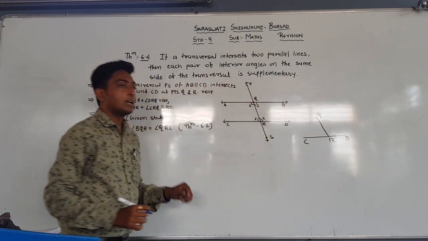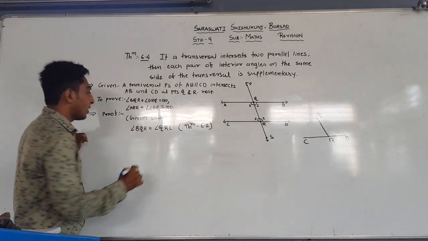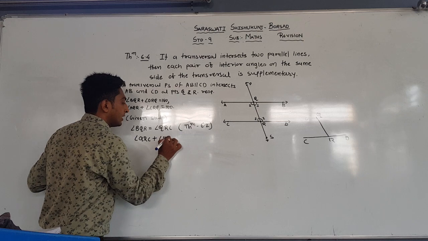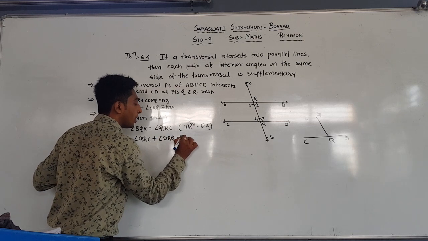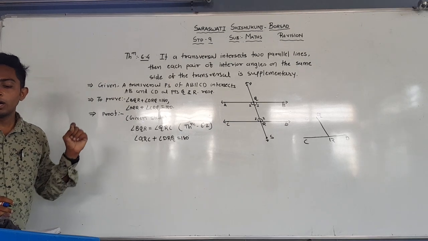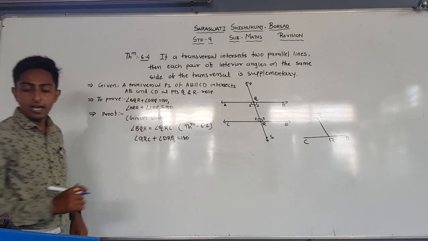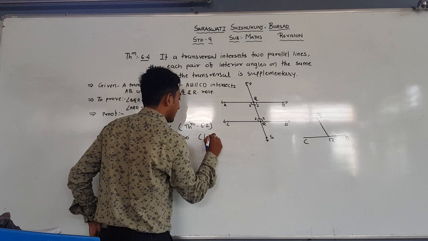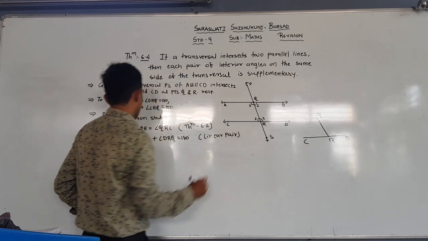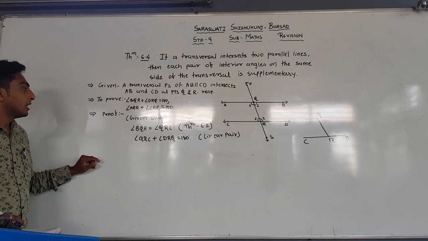Now we can say that by the linear pair of angles, QRC plus DRQ equal to 180 degrees, because of the linear pair.